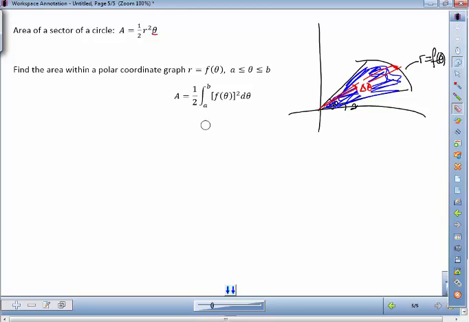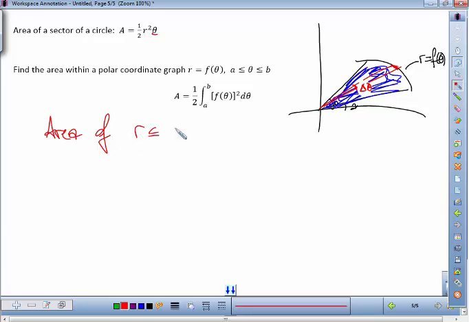But now that we have a formula, we can easily apply this by finding areas of stuff. So, for example, if we want to find the area of r equals, what is it again? 2 minus 3 sine theta?